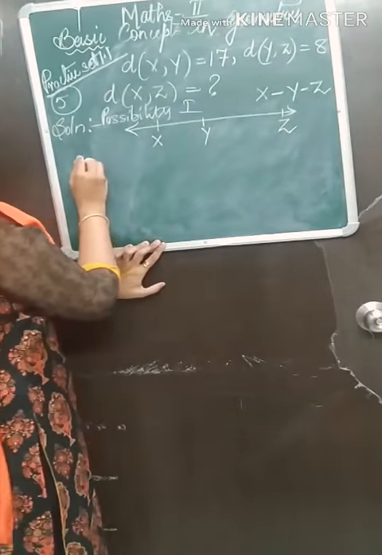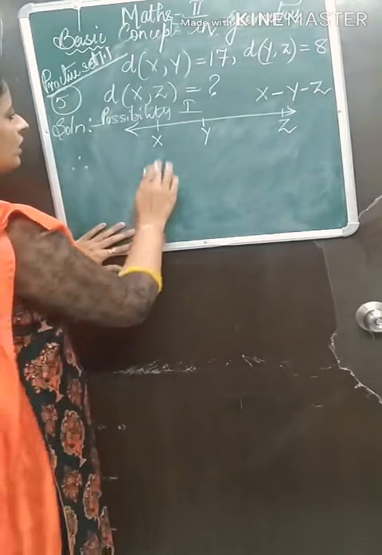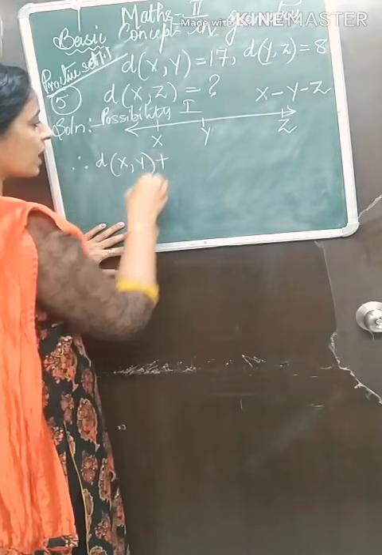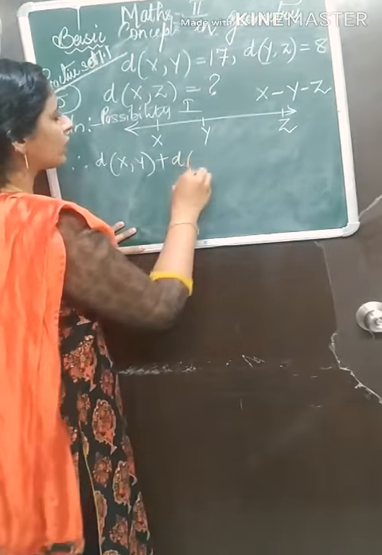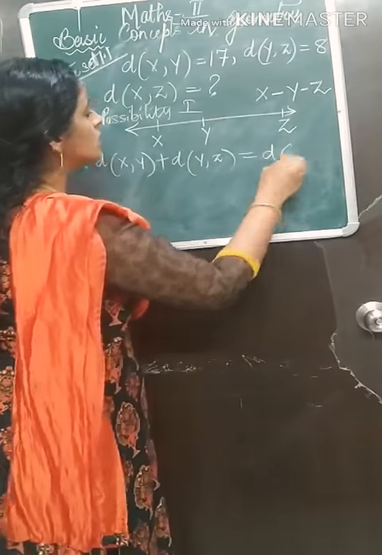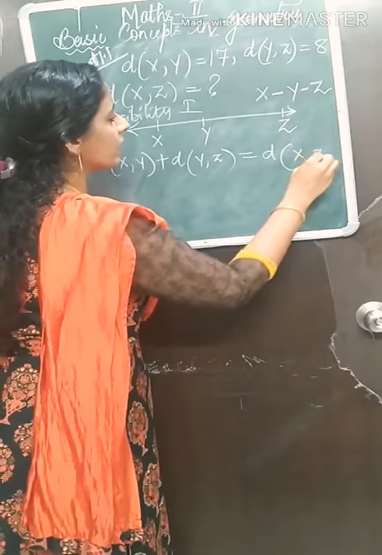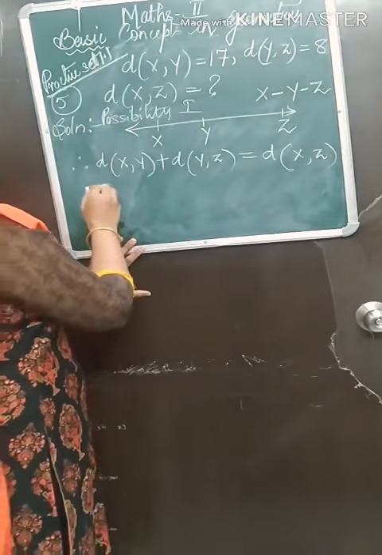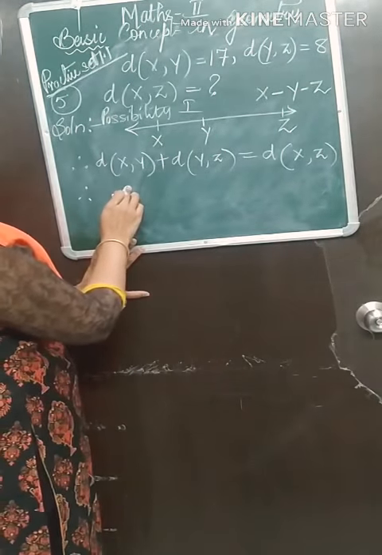Now find out the distance. How will you write? Therefore, distance between x comma y plus distance between y comma z will be equal to distance between the first and the third point, x comma z. Now from the question substitute the values that you know. X comma y, do we know?